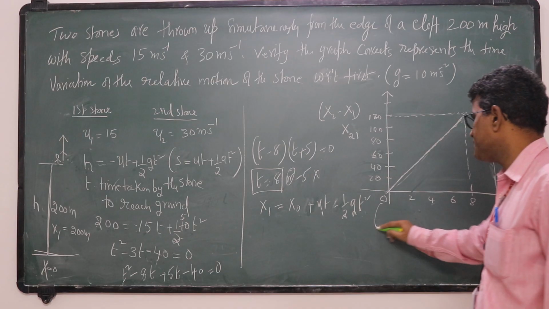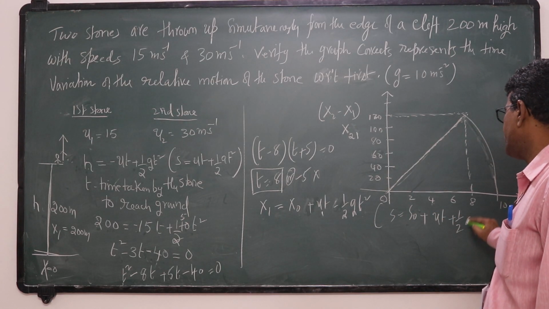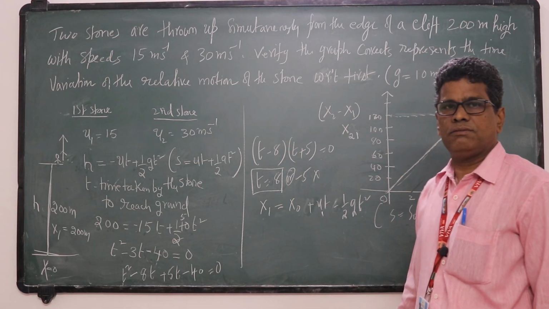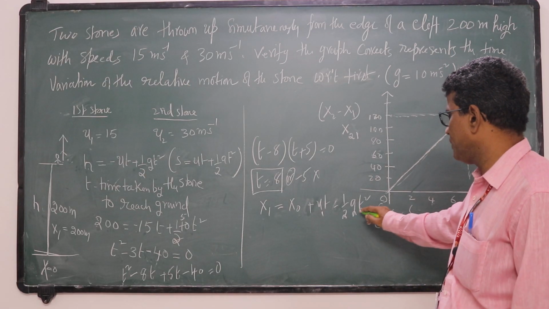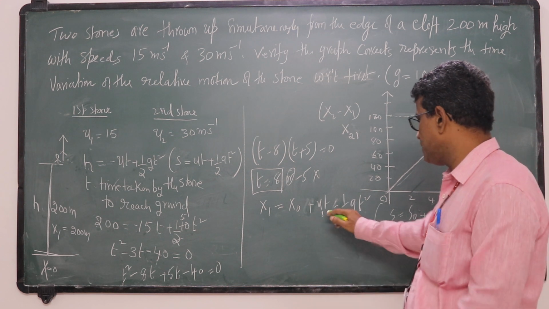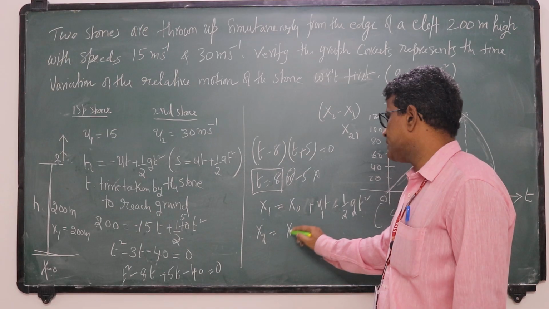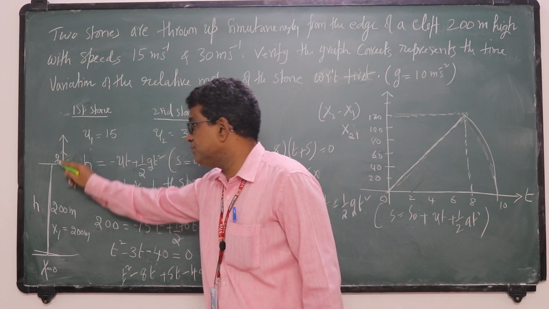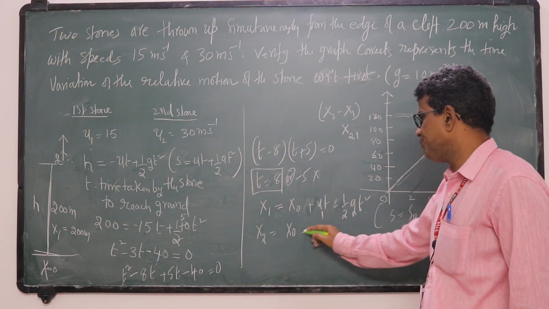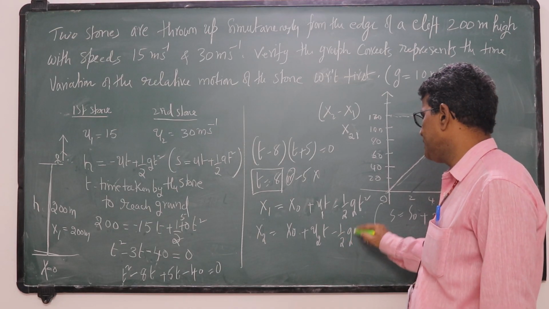I am applying this equation: s is equal to s0 plus ut plus half at square, since it has uniform acceleration, a vertically projected body. So this is the position x1. What is x2? x0, because both of them are projected from the top of the cliff, so the initial position is the same, plus u2 t, but velocities are different, minus half gt square.